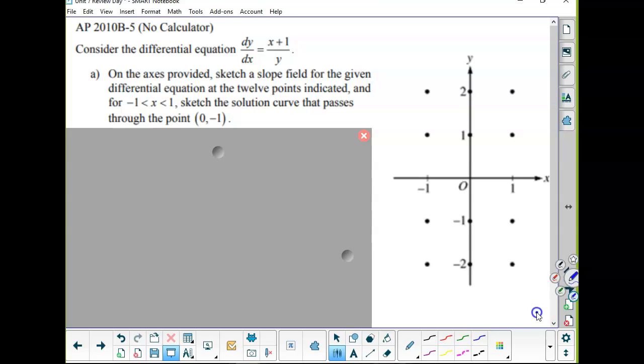I always look for what will make this have a zero slope. Well, anytime I have a zero slope, that means I've got 0 divided by a number. So I want to make this part equal to 0. Well, what's going to make this equal to 0? Anytime x is equal to -1, we will have 0 slopes.